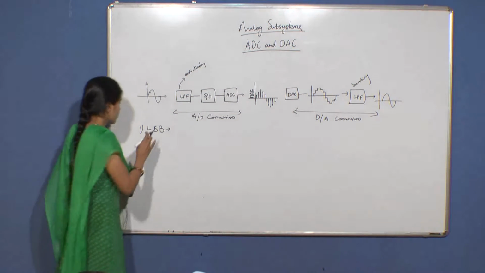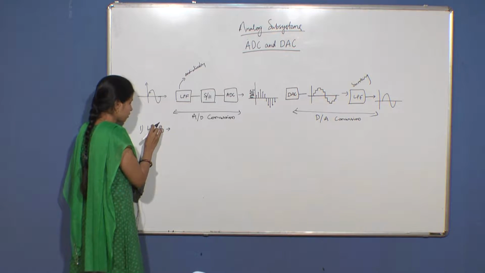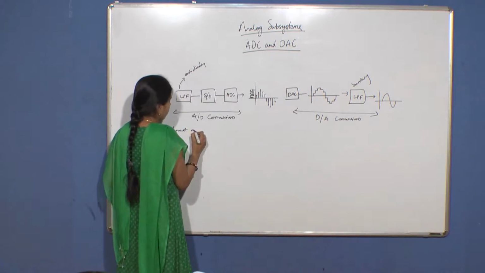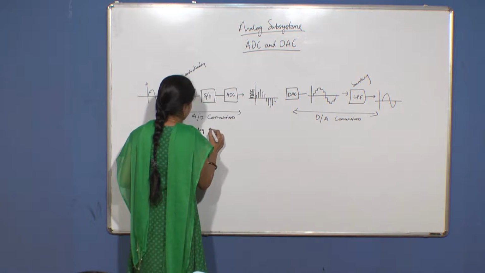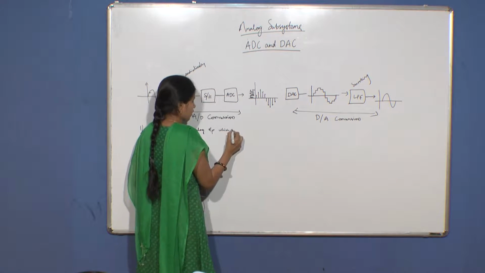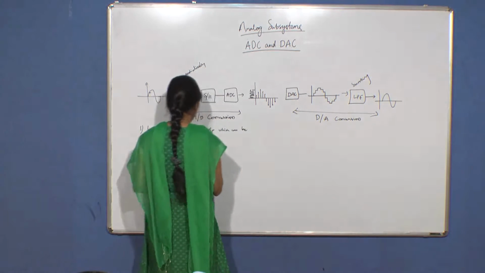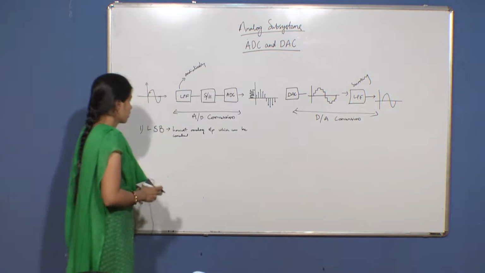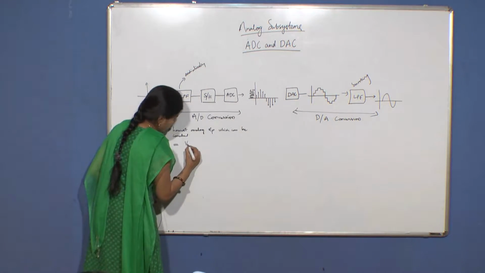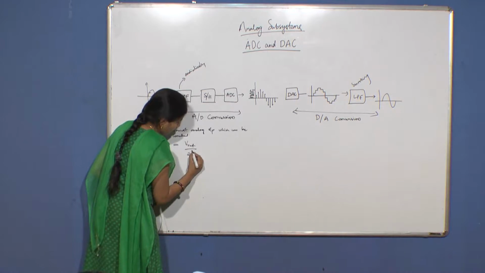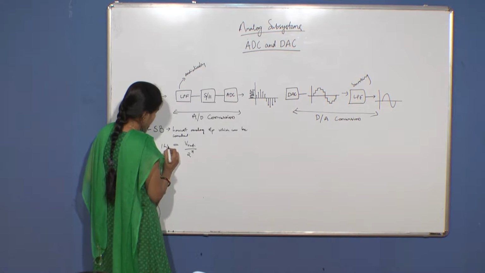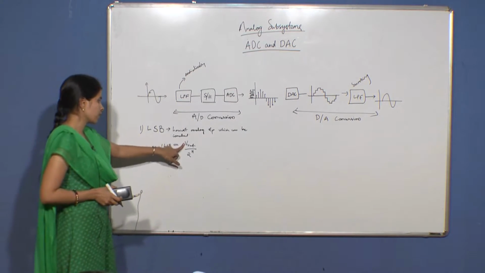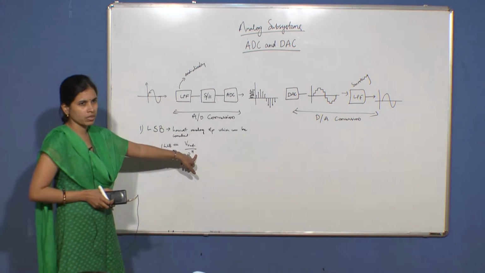We all know that the LSB in data converters is the lowest analog output which can be converted, which is given by V reference by 2 power n. One LSB is given by V reference by 2 power n, where V reference is the reference voltage of your data converter and n signifies the number of bits of the data converter.